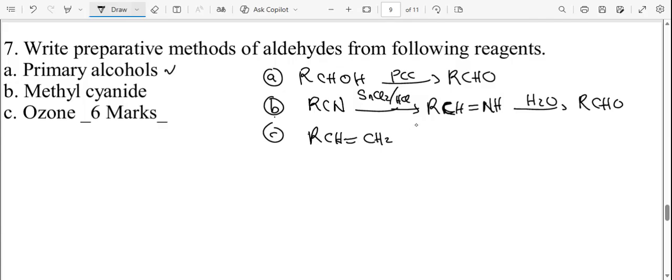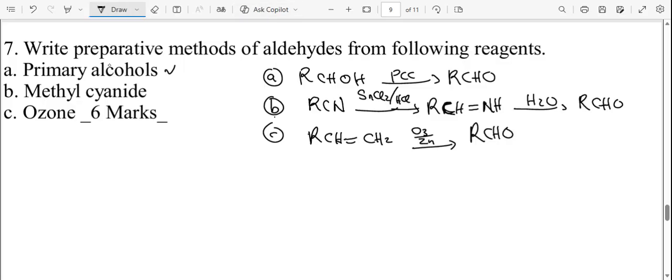So we perform with the ozone there, and also zinc as catalyst to undergo this reaction to form what we want. So that is it, to form the same aldehyde that we wanted. So those are the things.